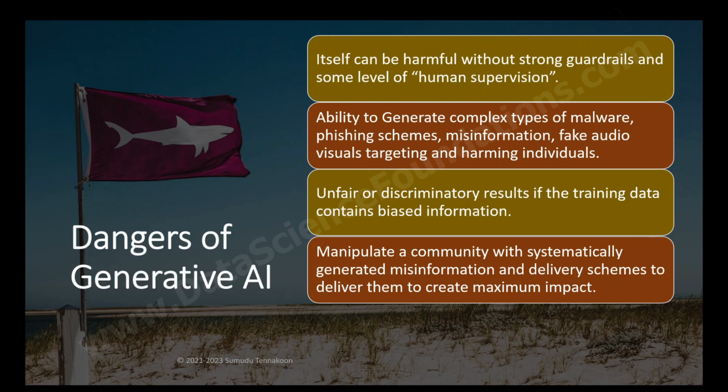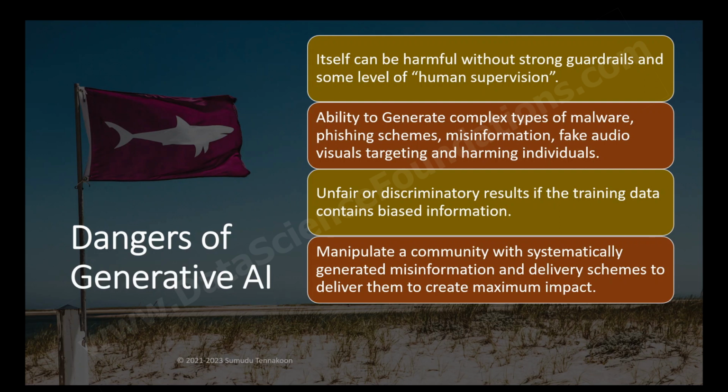The other item is manipulation. Generative AI can be used to manipulate a community with systematically generated misinformation. We all know it can generate very thoughtful statements. Someone can use generative AI to generate Twitter statements, or send social media posts or emails like a human does, right?